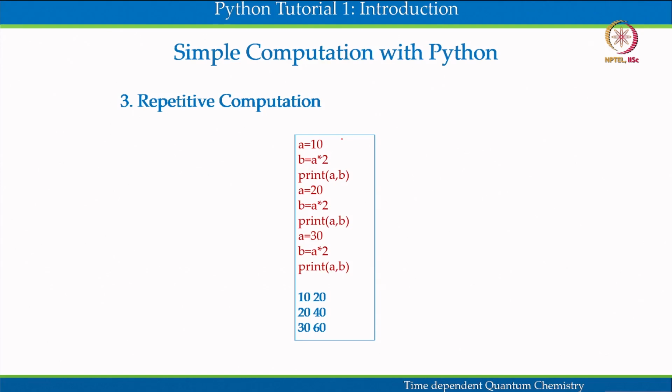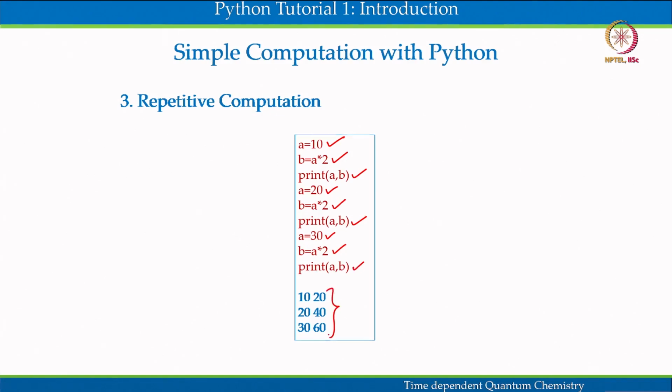So for example, here is an example. I have A value, then B value is just twice of that, and I have to print it. Again, I will change the A value to 20, multiply by 2 and print A, B. Again, I will have a value of 30, then multiply by 2 and print A, B, and I get this print.